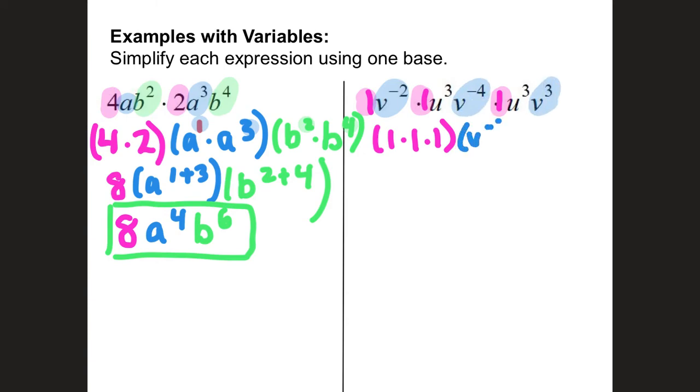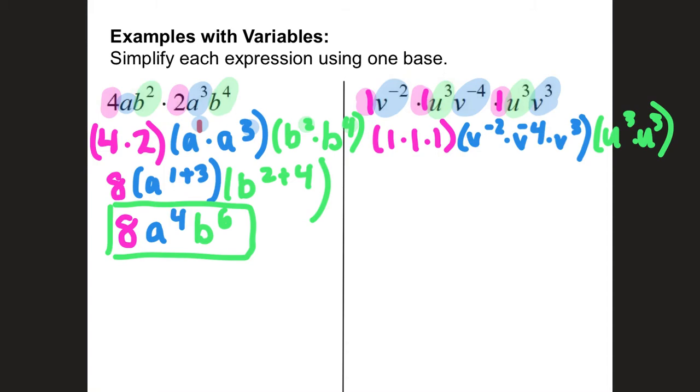So I have v to the negative 2 times v to the negative 4th times v to the 3rd. And then lastly, I'm looking for my u terms. I can see I have a u to the 3rd and a u to the 3rd. So it'll become u to the 3rd times u to the 3rd.